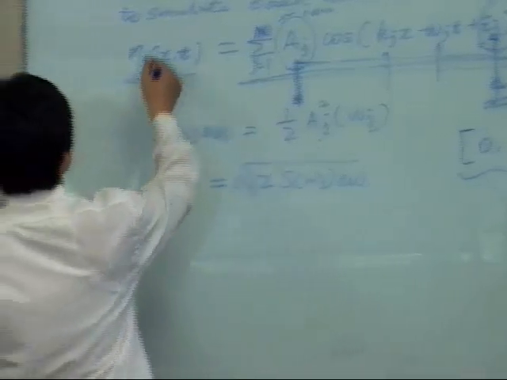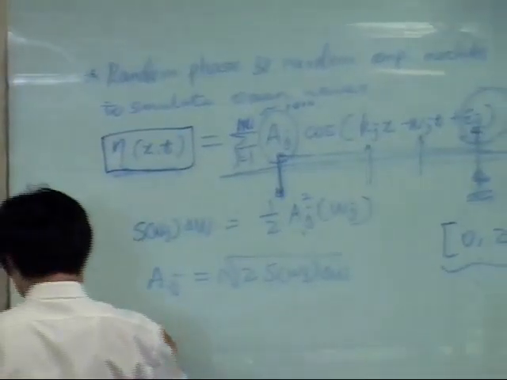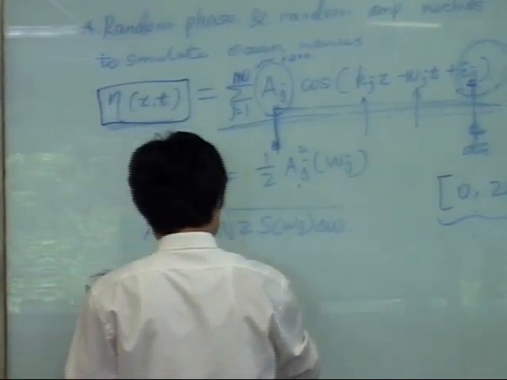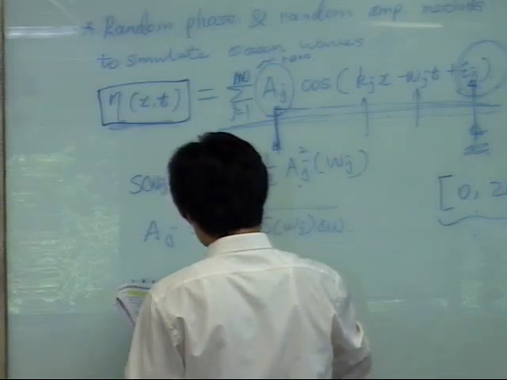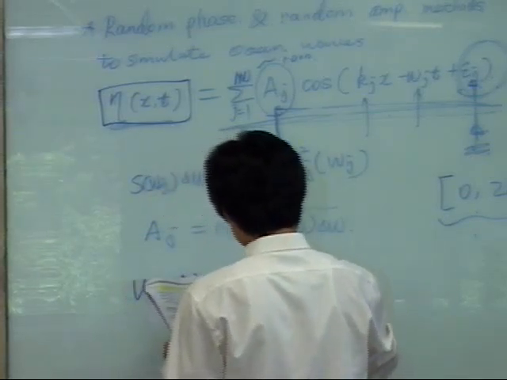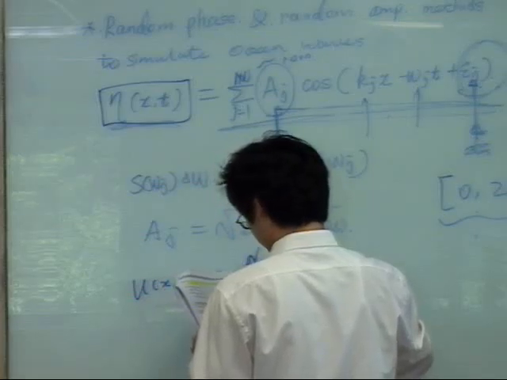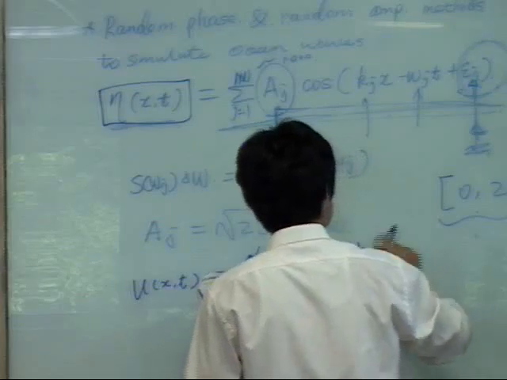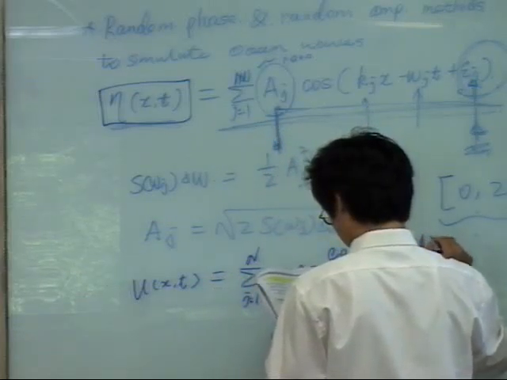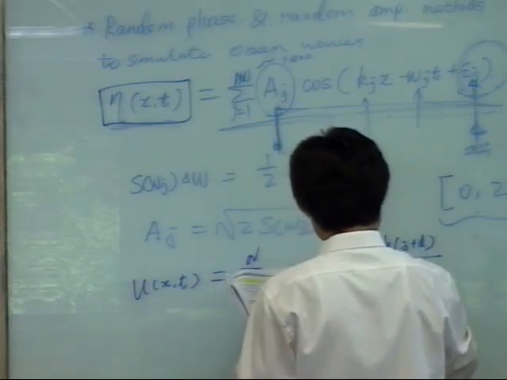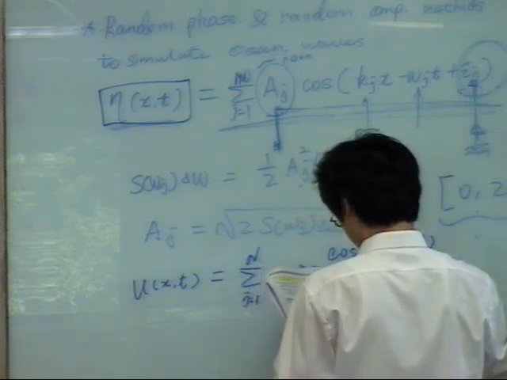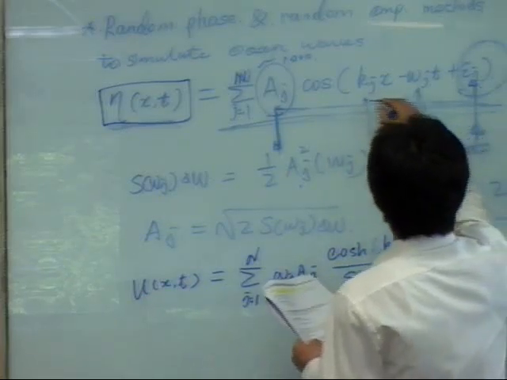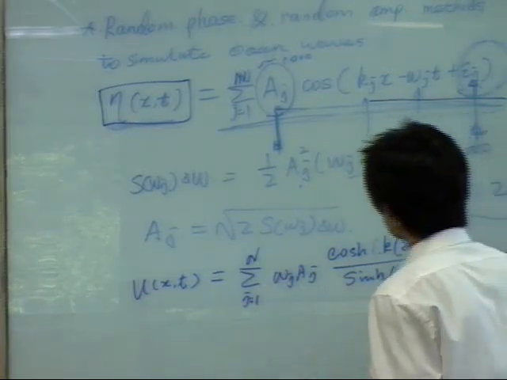Okay, this is now known, and we have u_x of t, summation j to n. Same thing here, right?